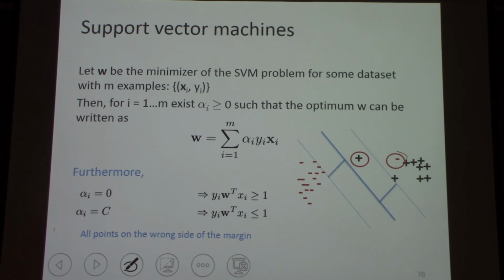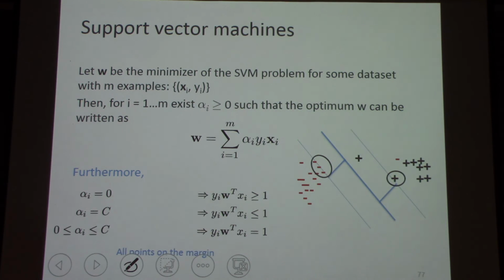For all points on the wrong side of the margin, alpha at convergence will be equal to C. And for every point that's on the margin, like the ones that actually define those lines, alpha will be some number between 0 and C. This comes from the theory of optimization. If you care about it, this is a direct outcome of the KKT conditions for optimization, but if you've not seen it, don't worry.